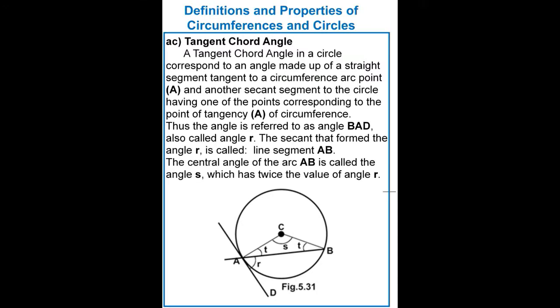The tangent line segment consists of the line segment AG, and the secant straight line segment is composed of the straight line segment AB, forming the tangent chord angle R. The central angle encompassing points A and B of the curve, called the angle S, has twice the value of the tangent chord angle R.